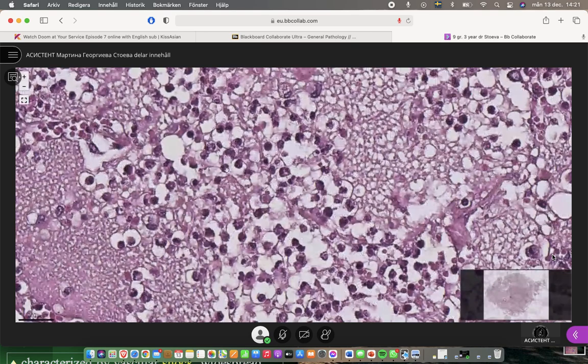Another question that you get is about a common complication of Krupa's pneumonia. It is carnification, which occurs if there is no resolution of the exudate.